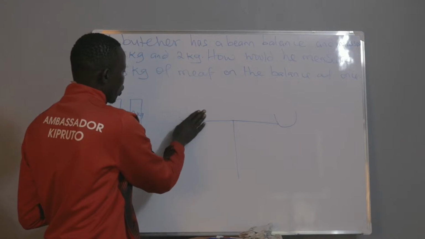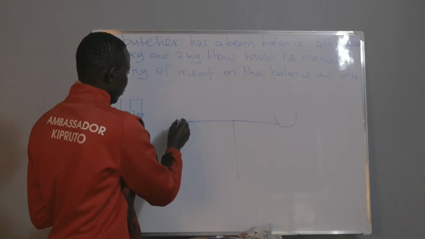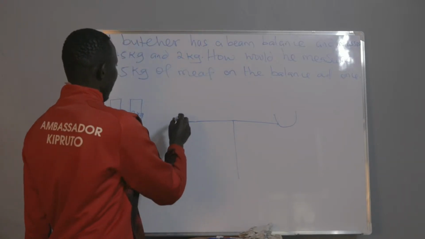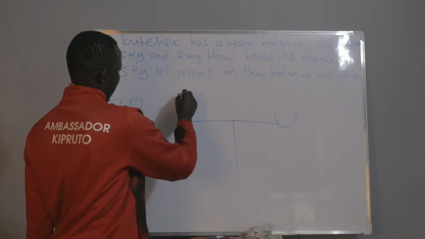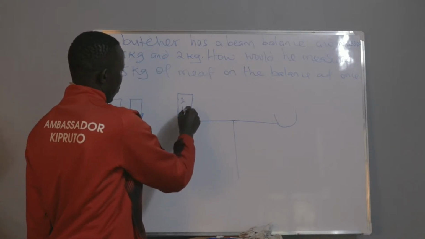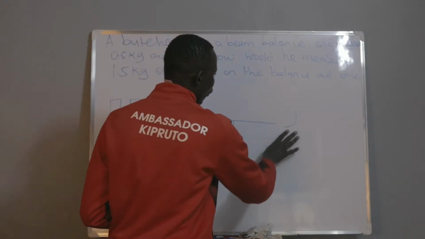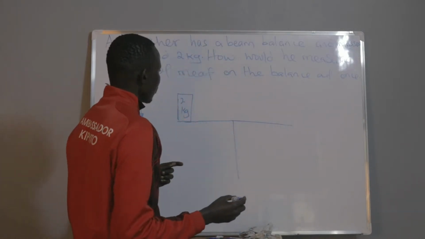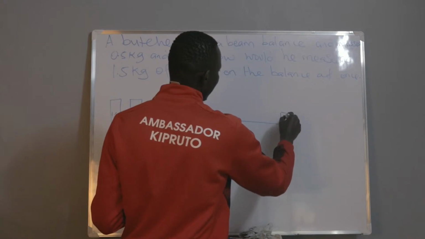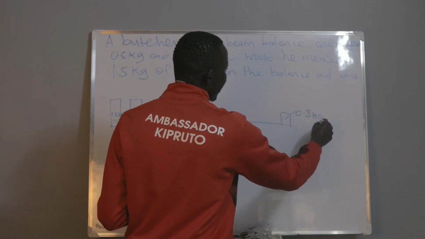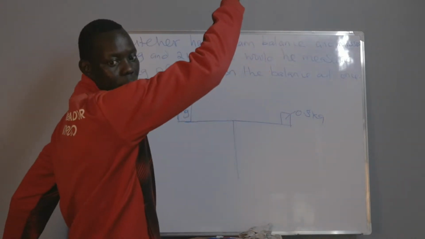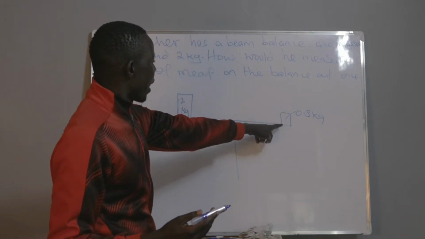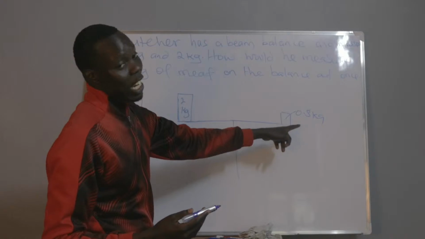Let's say he takes the mass of 2 kilogram and puts it here. After he puts that there, if he takes the mass of 0.5 and puts it here, it will not balance. It will tilt like this. But when he puts the meat, you know the difference between 2 and 0.5 is 1.5.